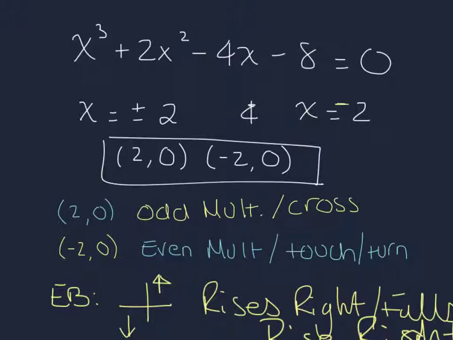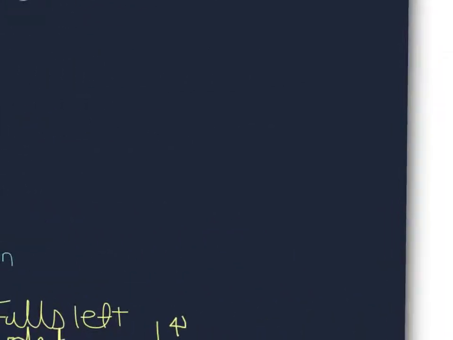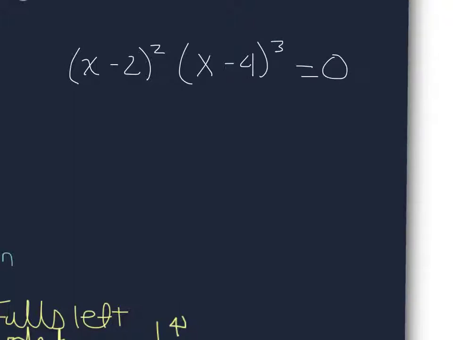I'm going to make something up on the side so you understand what I mean. Let's say I have a new polynomial function and I have (x − 2)² (x − 4)³ = 0. Let's say I factored and that's what I ended up with. Here we got x = 2 as one of the solutions, but I know that happened an even number of times.